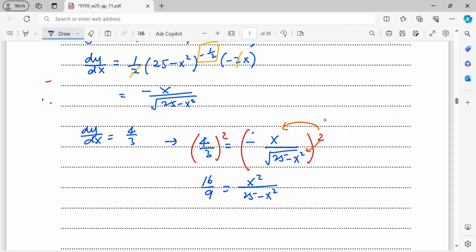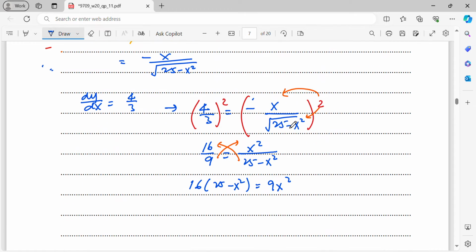And now to get the x, because the question is to find the point, just cross multiply. I will get 16 times (25 minus x squared) equals 9 times x squared. And now we do expansion. So 16 times 25 is basically 400. Then minus 16x squared equals 9x squared.